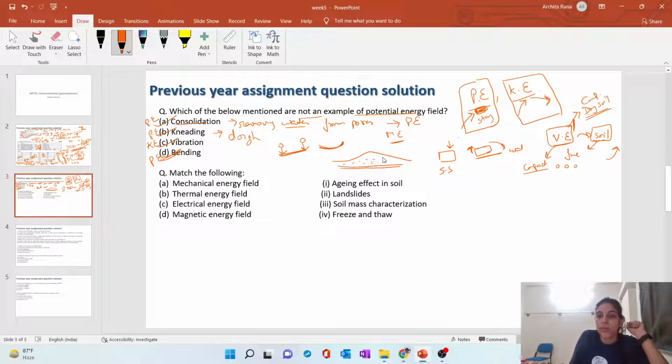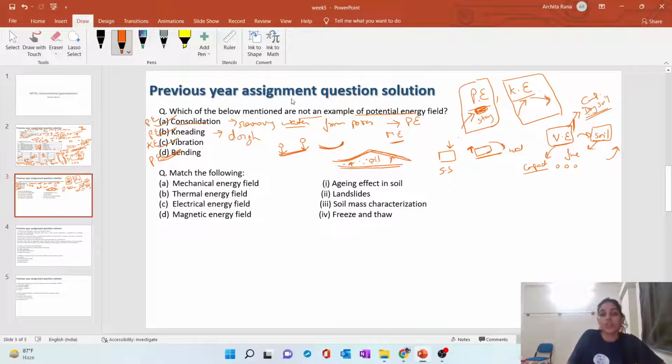Why this dome-like structure is formed is because of the pressure that oil has put in this area, right? And even if you remove the oil from this dome-like structure, it will not change its shape. This layer will remain bent only. So this is an example of bending.